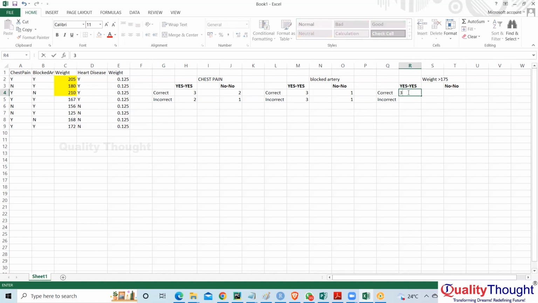Incorrect means more than 175 but no heart disease, which is 0. Now here, less than 175, there are 5. 4 correct and 1 wrong.